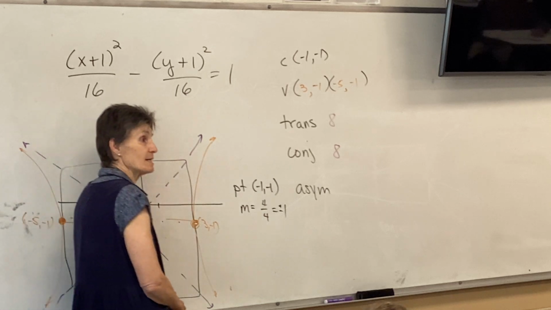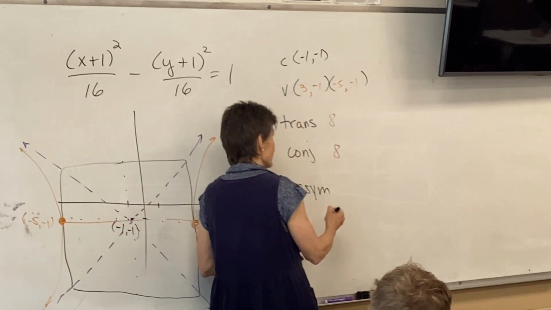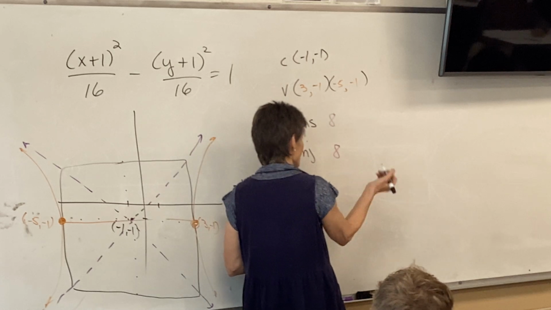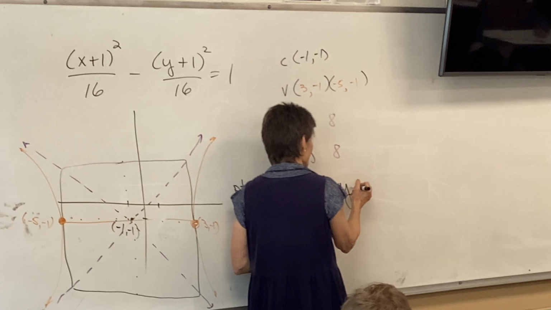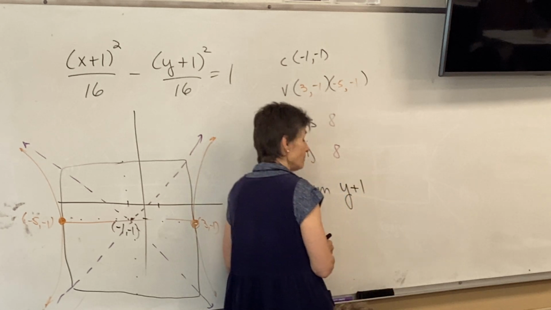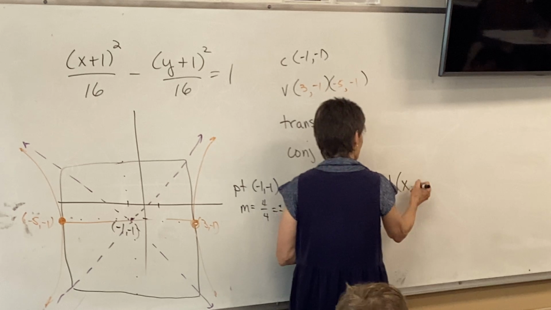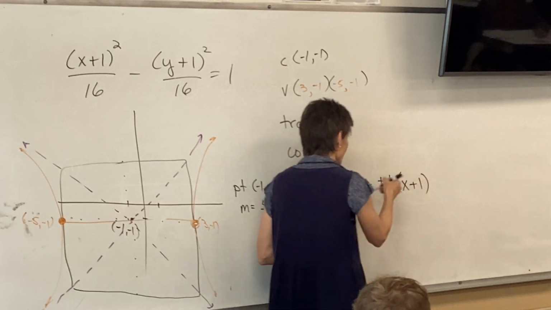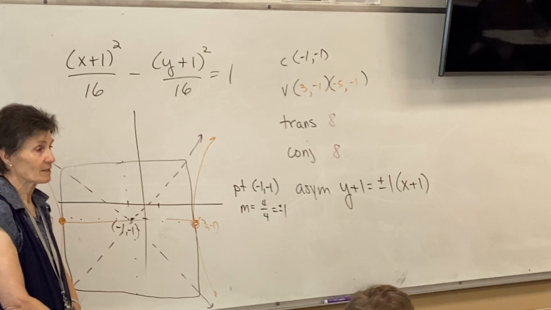To make this as easy as possible for you, since we're kind of cramming all this in, when you write your equation, you are allowed to do this. We're going to do y minus -1 equals slope times x minus -1. And you can just stop right there. You don't have to clean those up.